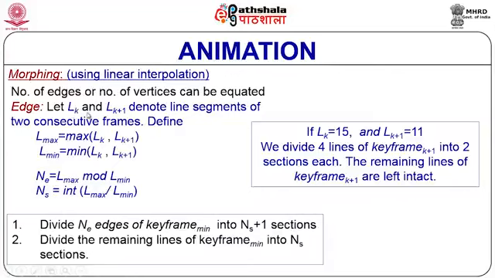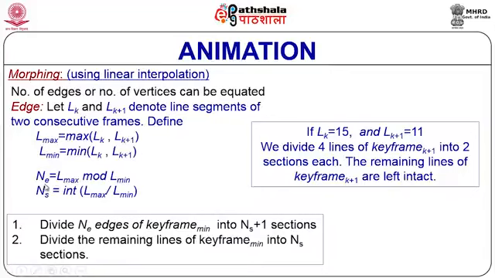Let Lk and Lk plus 1 be the number of edges, or the line segments you can call them, of the two consecutive frames. K is the initial keyframe, K plus 1 is the next keyframe. Define L max as the maximum number of edges among the initial shape and the final shape, and L min as the minimum number of edges among the two keyframes.